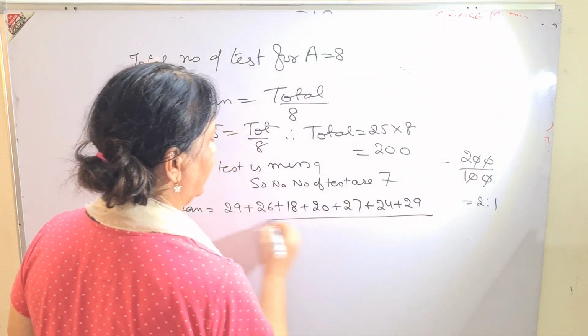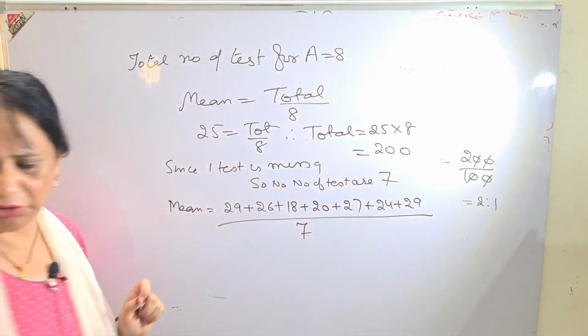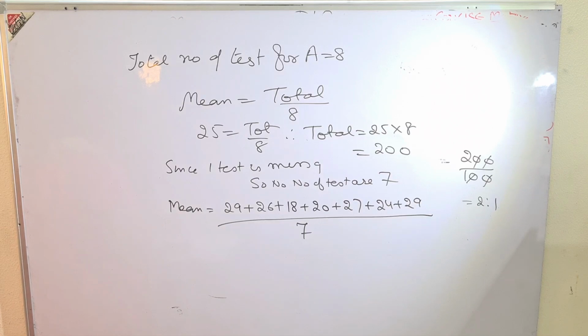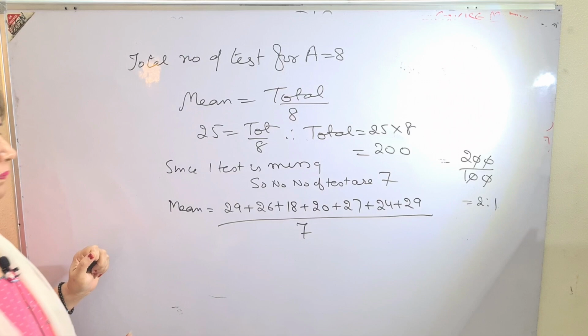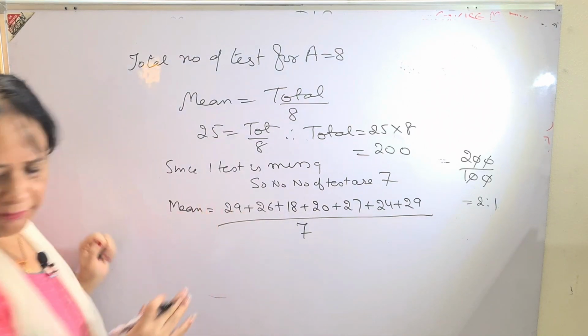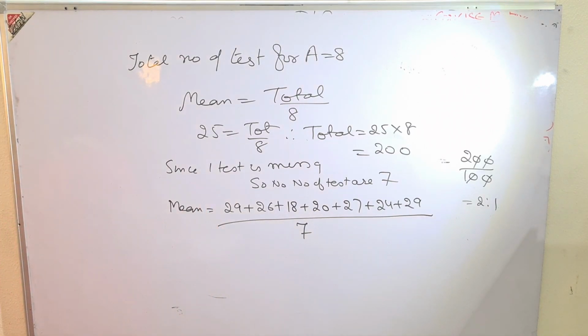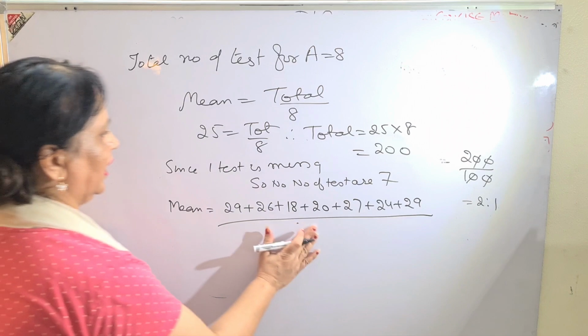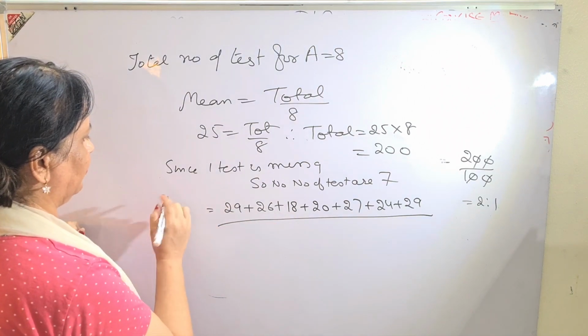Children, you add it and divide by 7. So after dividing by 7, he says, determine how many marks he scored for the 8th test. For this he scored 29, 18, 20. Do the total of these. And this total, you don't have to find the mean, you just have to find the total.